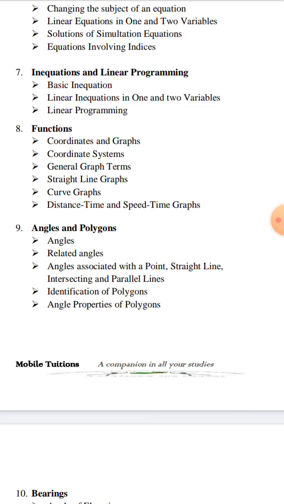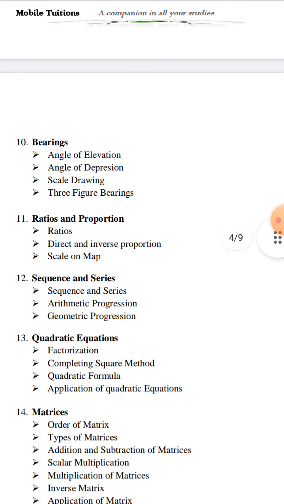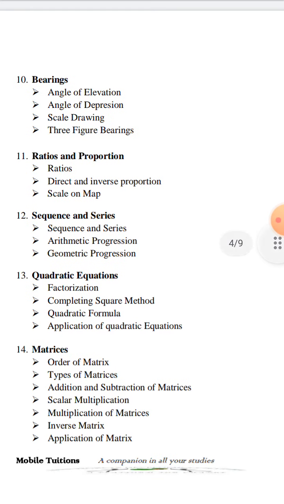From there, we'll discuss topic 9, which looks at angles and polygons. Then topic 10 looks at bearings, and it has got all that needs to be covered under it. Then we'll also look at ratios and proportions, which is topic 11. Topic 12 looks at sequences and series.